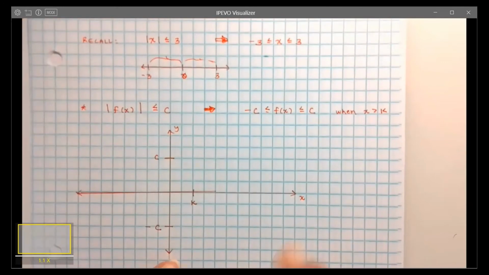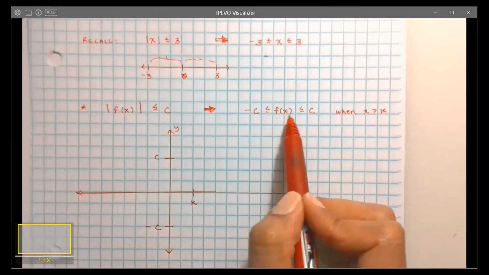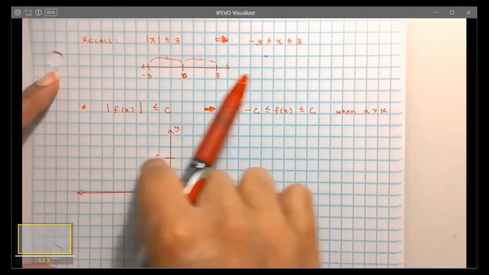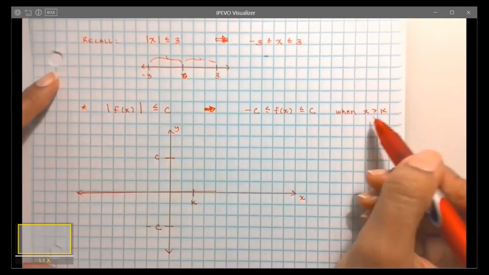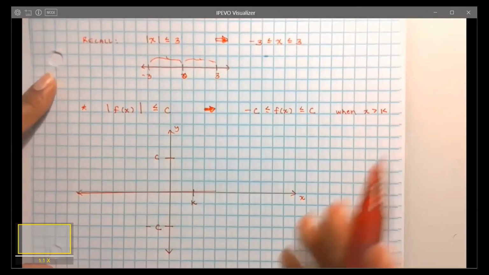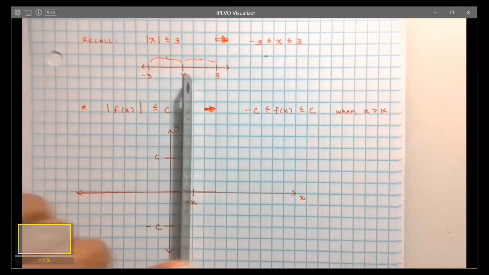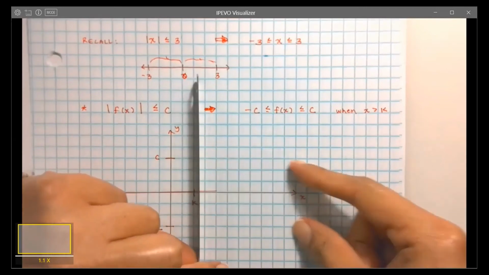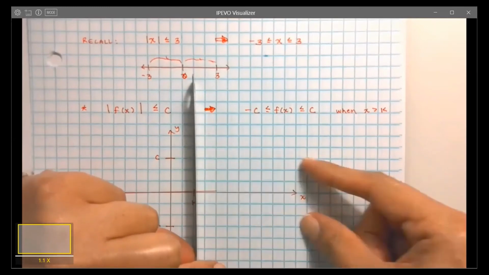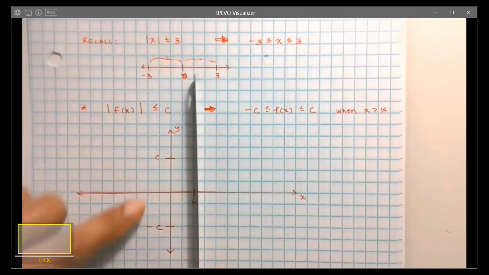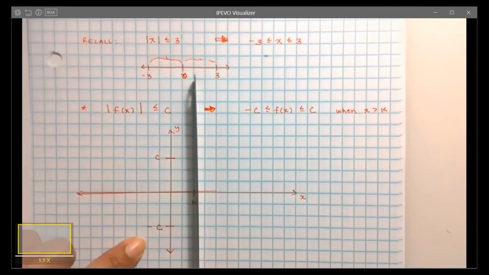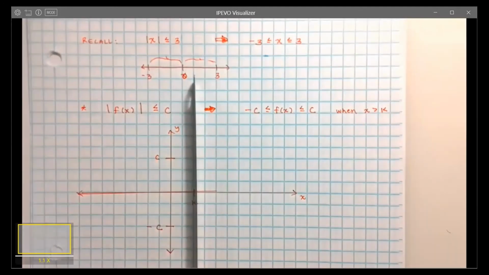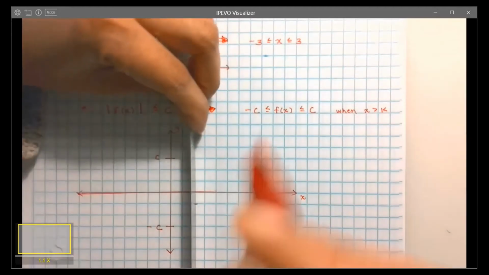So what this is saying is that the function f of x has to be found between c and -c. It has to be found within the strip at all times when x is greater than k. So from this point on forward to the right, f of x is always going to be found bounded between -c and c, in that strip. Whatever happens before k is uncertain. It may or may not stay within the strip. But after k, we know that it stays bounded between those two values.